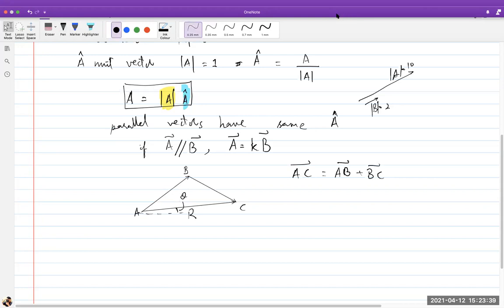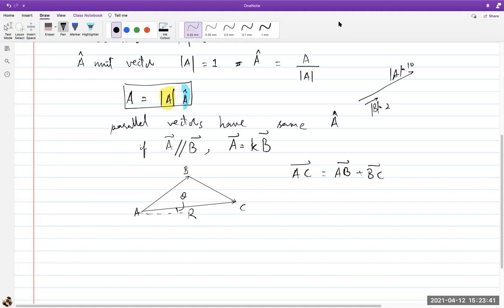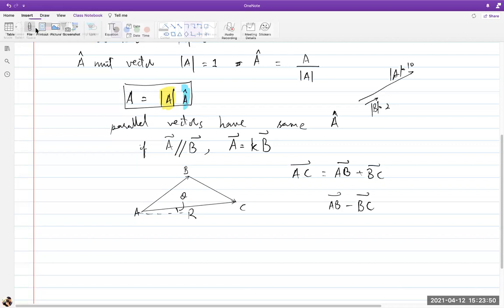For subtraction, you can't subtract them like this, you take the opposite. Let's suppose I have to do AB minus BC. I'll take a vector that is exactly the same as vector BC, but I will take it in the opposite direction, the same length in the opposite direction. So I start from B, but go opposite, and the vector that results is AB minus BC.